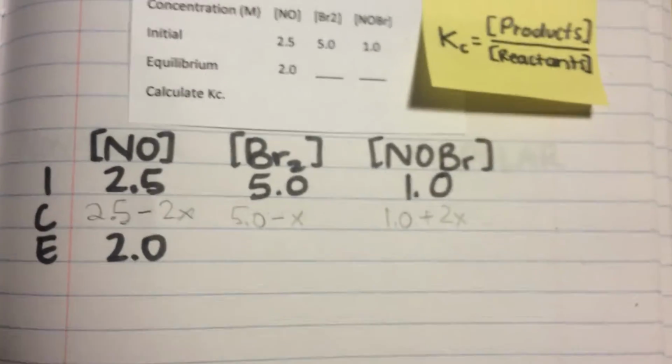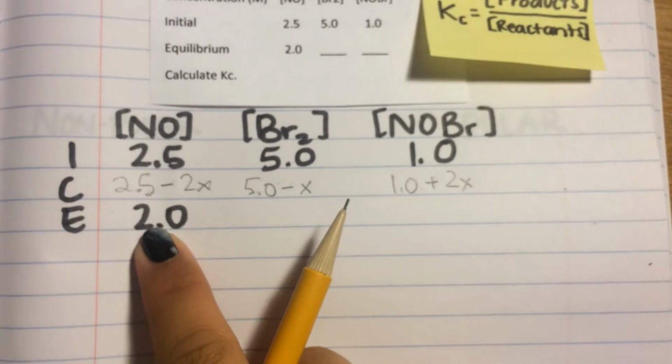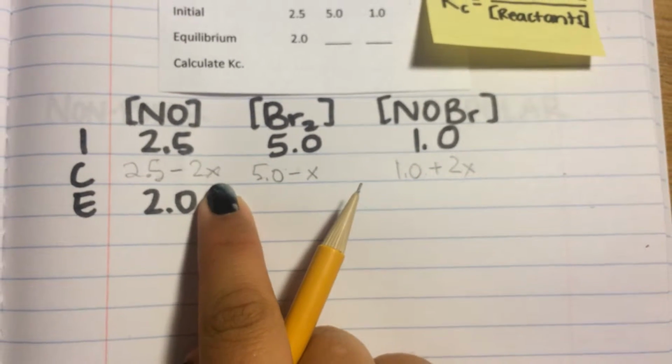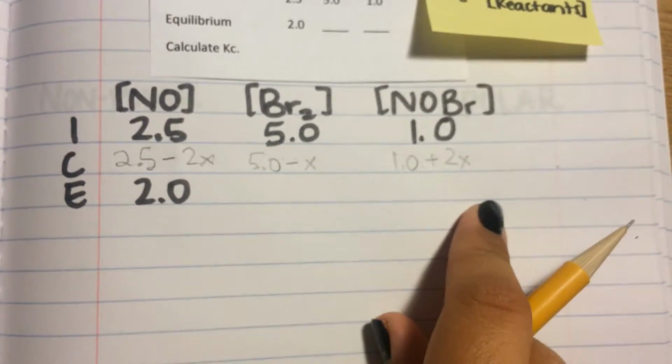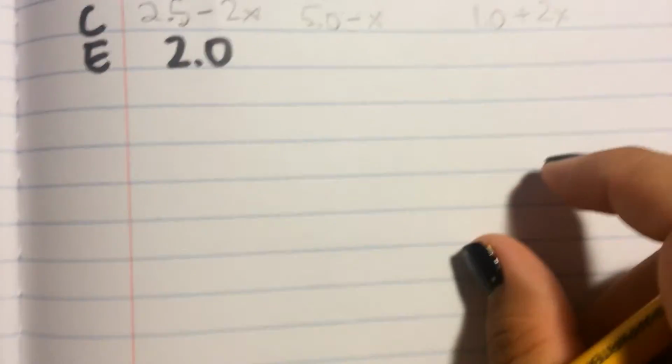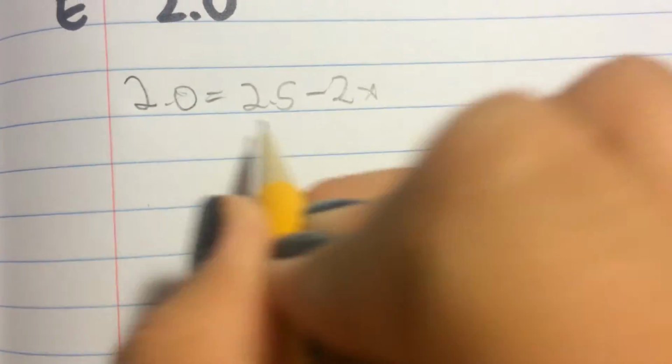It's given to us here already that the equilibrium concentration of the nitrogen oxide is 2. So what I can do is solve for x, so that way I can plug it into these two and find out the equilibrium concentrations. So I'm going to put 2 is equal to 2.5 minus 2x.